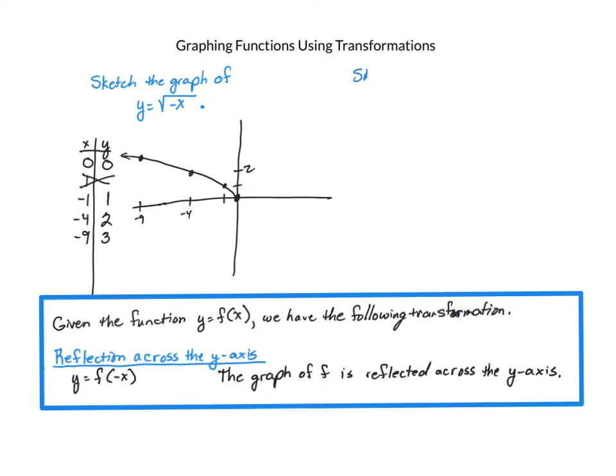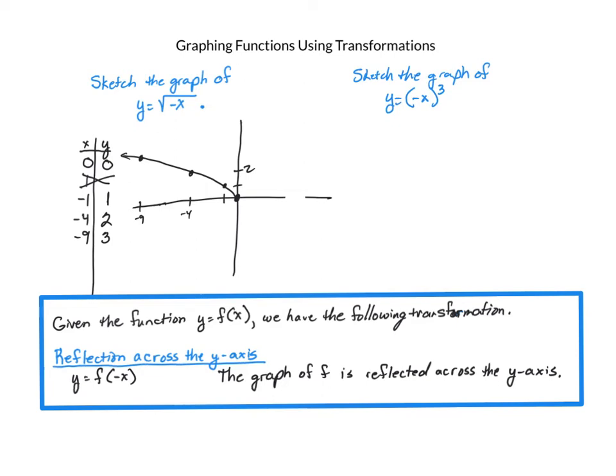Let's sketch the graph of y equals (negative x) cubed. And I put parentheses around that negative x. So we see that that negative is right in front of the x.